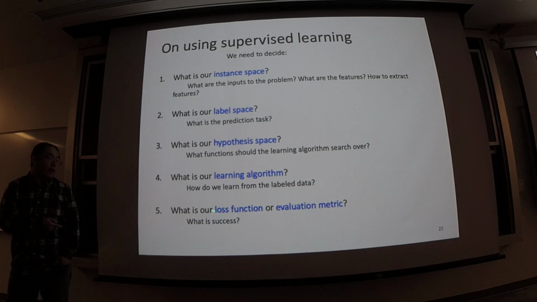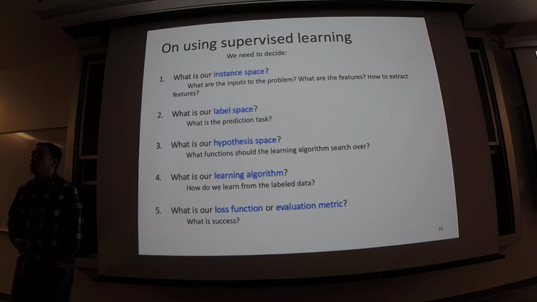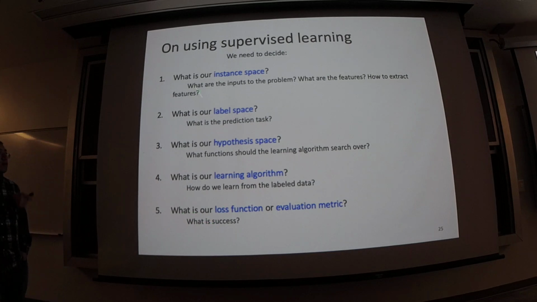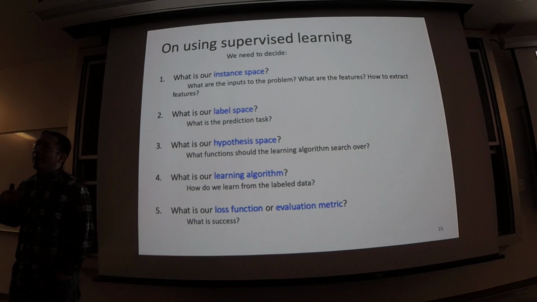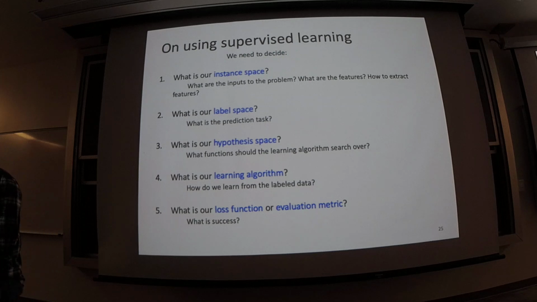Sometimes the evaluation metric is reflected in so-called loss functions. We're going to use this evaluation metric to test whether our learning is successful or completely failed. Right? So those are 5 key problems whenever you conduct a supervised learning task. Explicitly or implicitly, in practice, you have to address those problems when you do a supervised learning task.